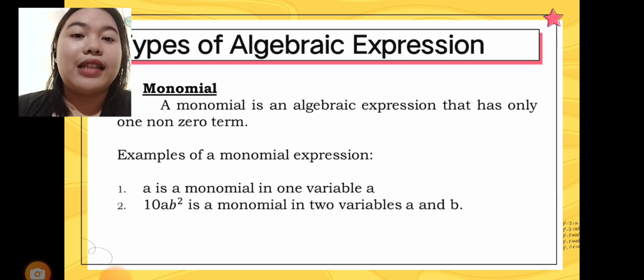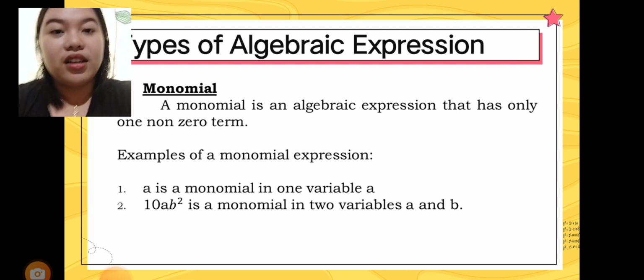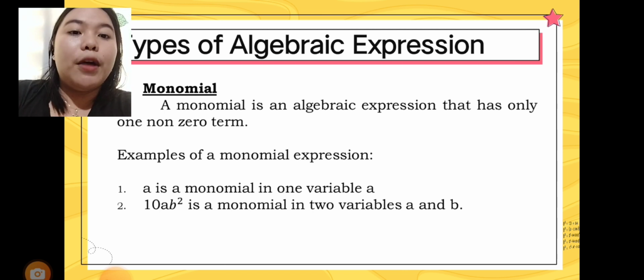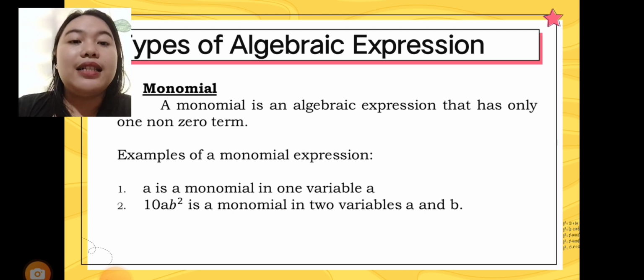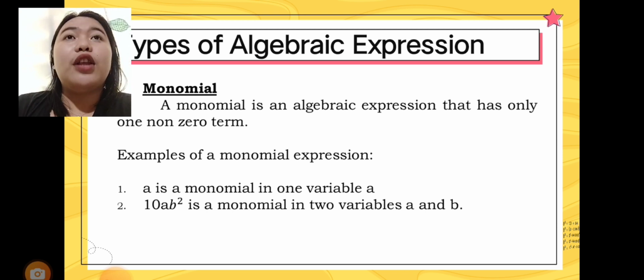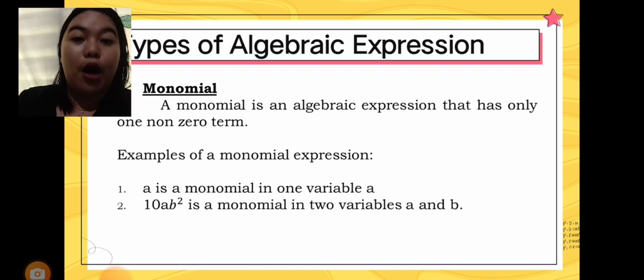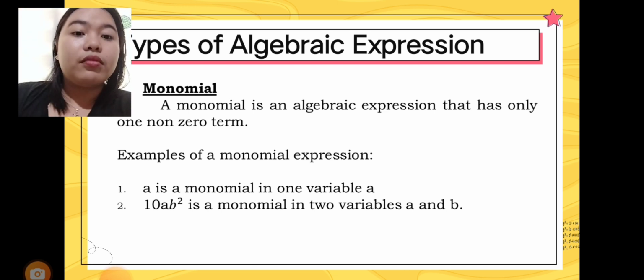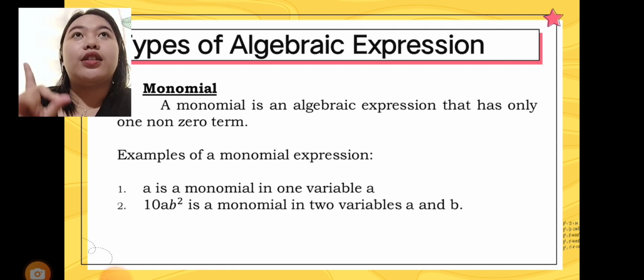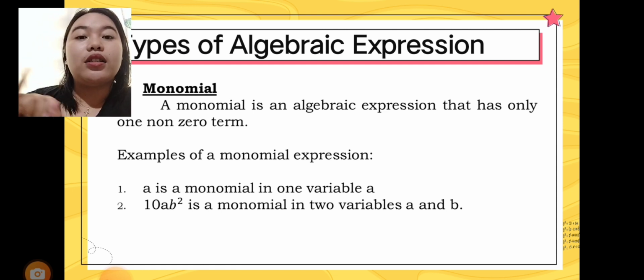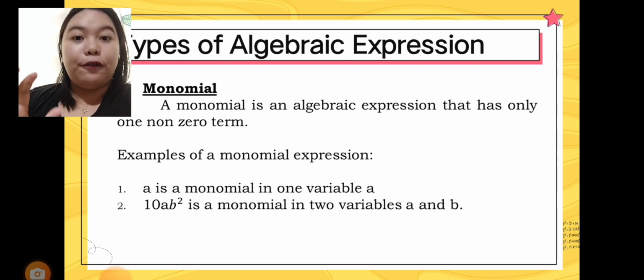So now let's take a look. What is a monomial? A monomial is an algebraic expression that has only one non-zero term. So monomial, from the word itself, mono, means just one. It has only one term, but that term consists of a constant number and also a variable.